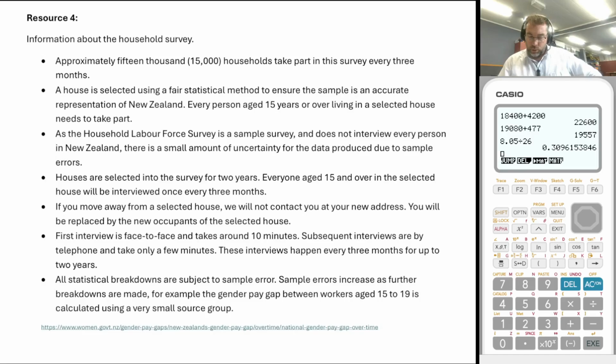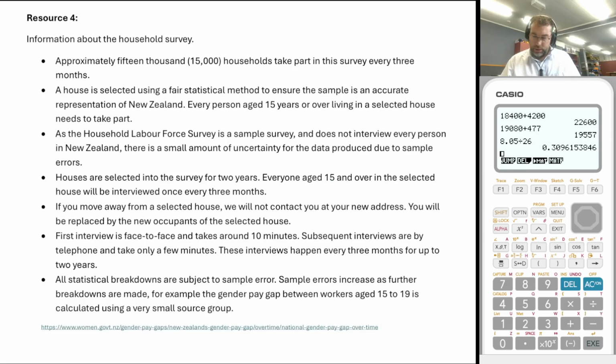So there's a bunch of things here we could talk about. First of all, the number of participants is really good. So it's 15,000 households and approximately 30,000 participants across those households. And if a household is taking part in it, there are some rules around who has to do that. It says everyone aged over 15, and everyone in the household will be interviewed every 3 months.